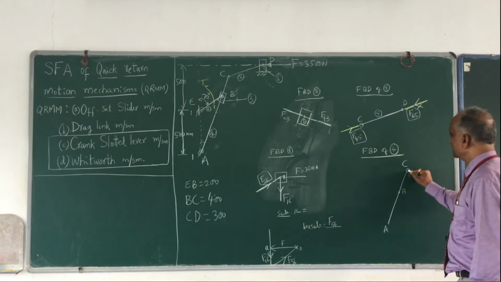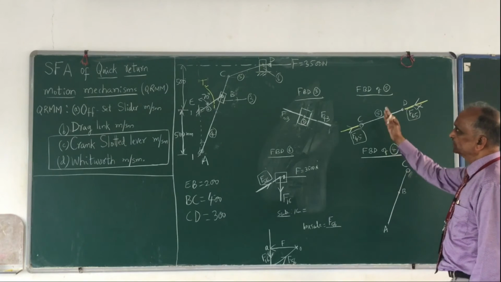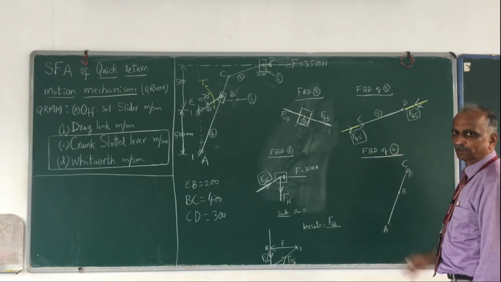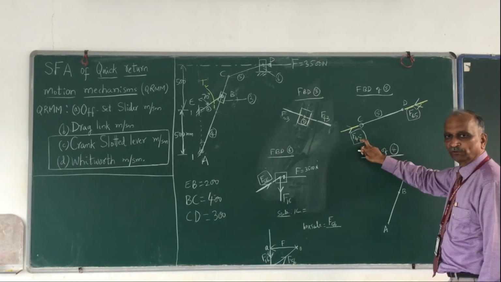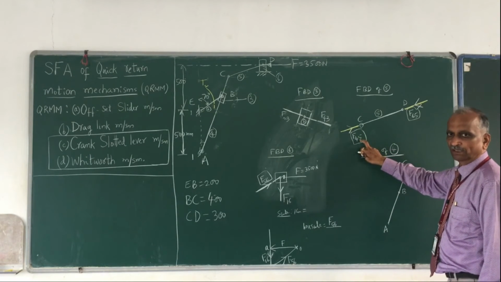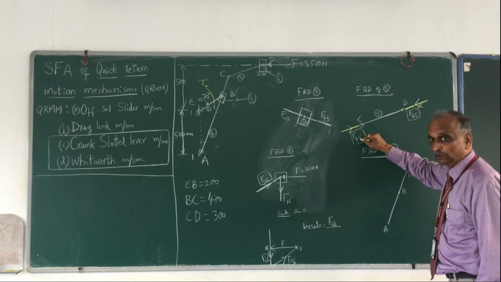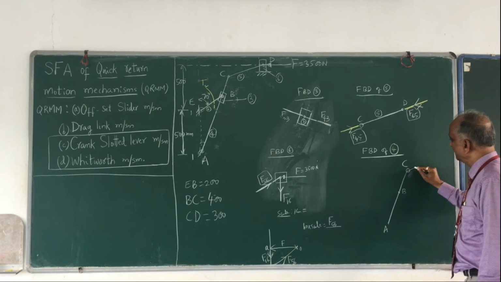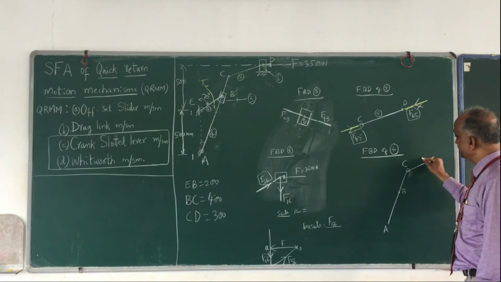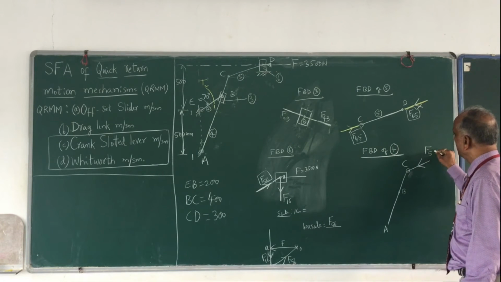Okay, so now let me start at C. At C you have a connection between 5 and 4. So from 5 on 4, that is F54. F54 and F45 are equal, opposite, and have the same line of action. So this is F45, you know its magnitude and also direction, and therefore you draw a line parallel to this, fix the direction, it is opposite to F45, and this force is F54.